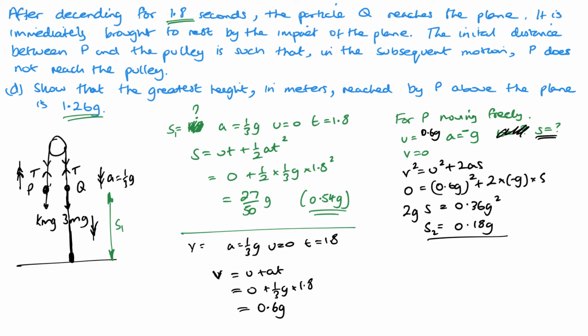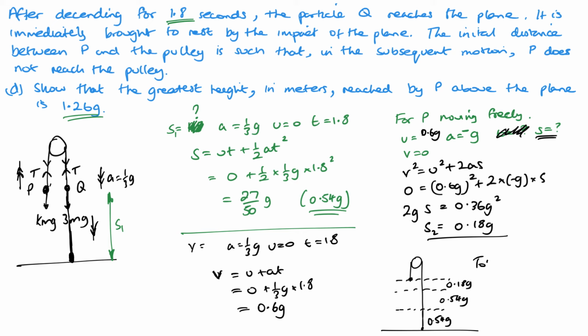So just to illustrate: original starting position, Q dropped down, so P went up here, the same distance as Q dropped down, and then freely under gravity it went up to here. So in total it's the 0.18 plus 0.54 g and another 0.54 g.